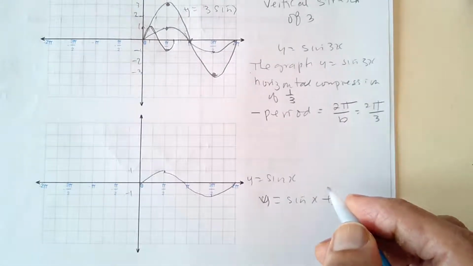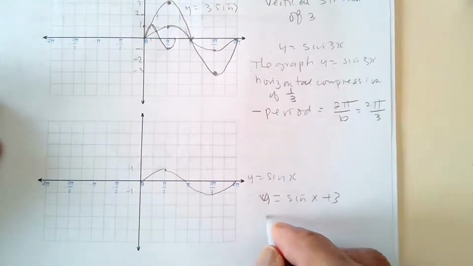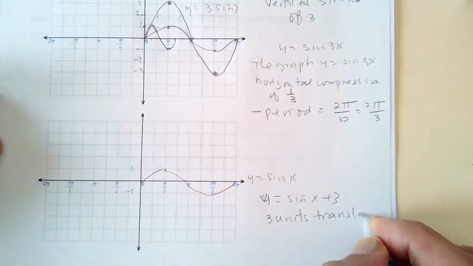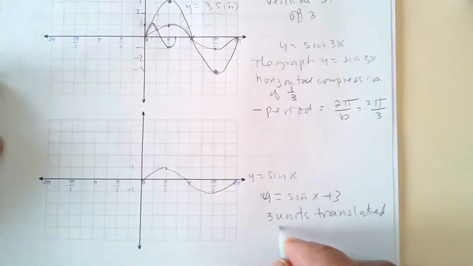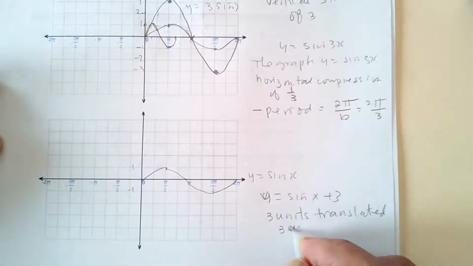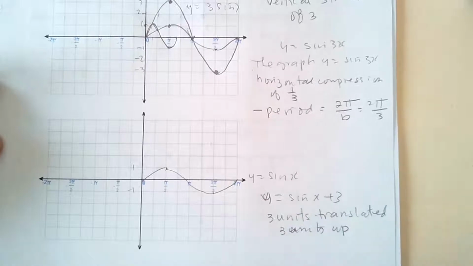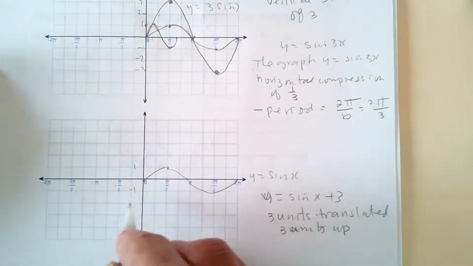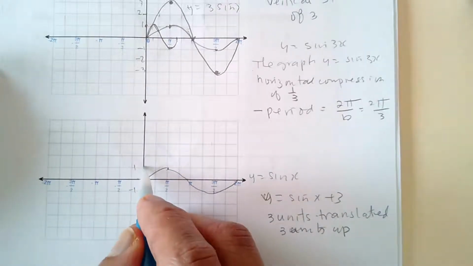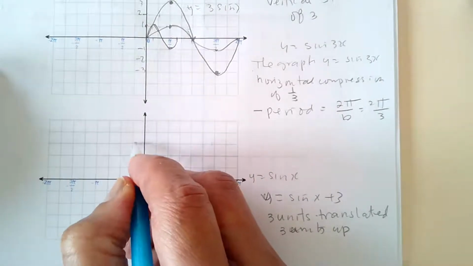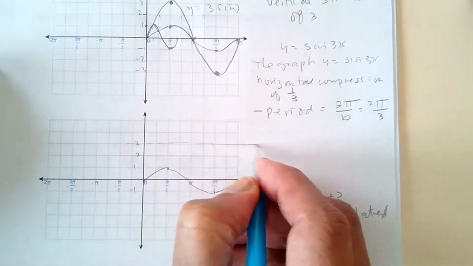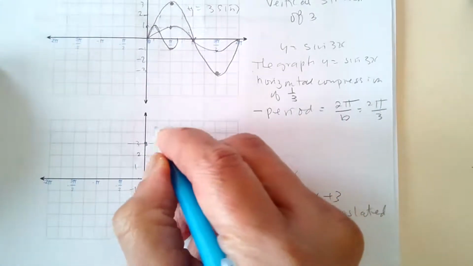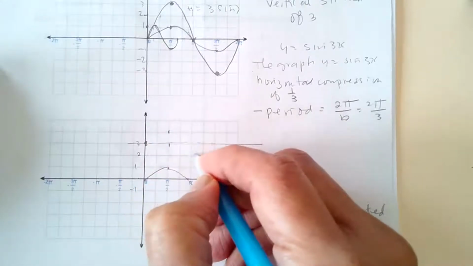So we have 3 units translated up. Instead of it being here now, you're going to shift 3 units upwards. We have 1, 2, 3. So now this becomes a midline. And so we have points here, there.